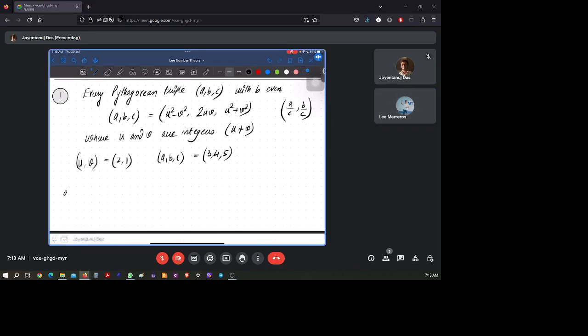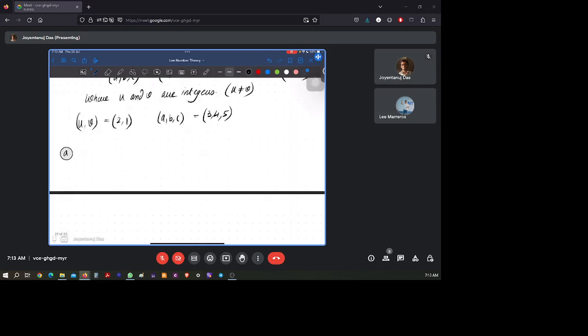Then part a, they are asking: if u and v have a common factor, so that the GCD is not equal to 1, then why is this a, b, c not a primitive Pythagorean triplet?